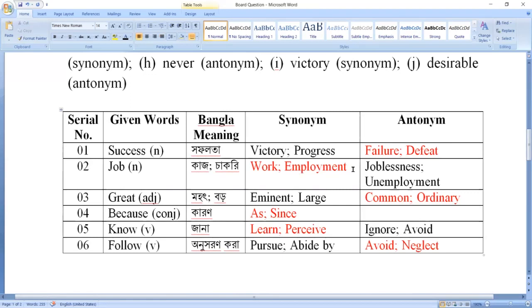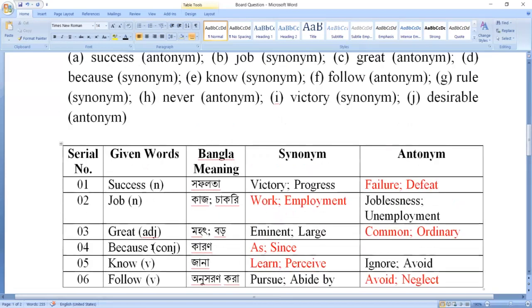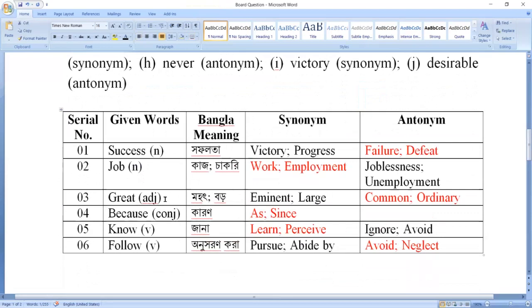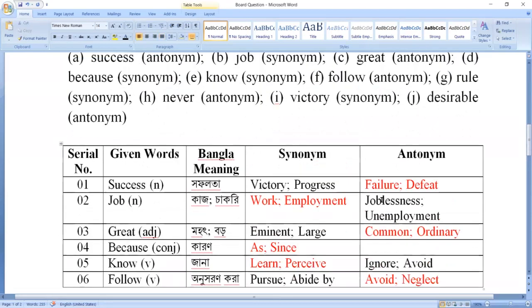So you have to remember, and you need to understand whether the word is a noun or adjective or verb or adverb. In this way, the word great, we know, is an adjective and it means in Bangla mohot or bor.